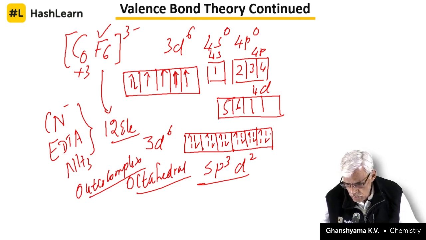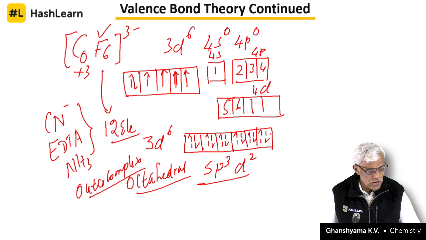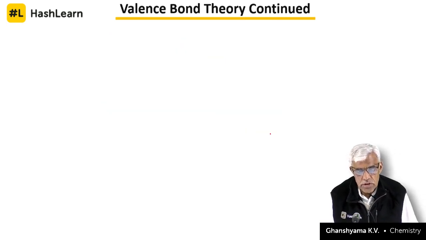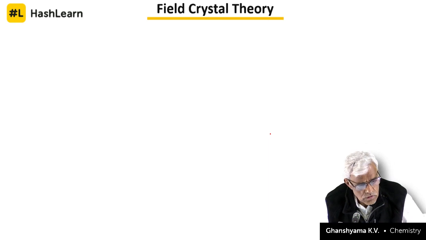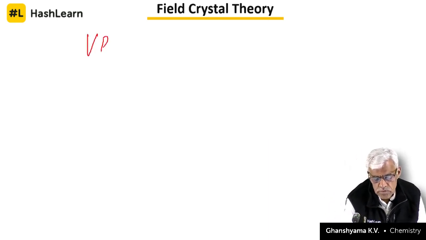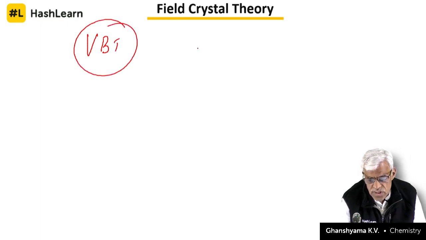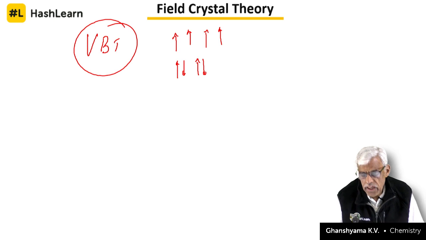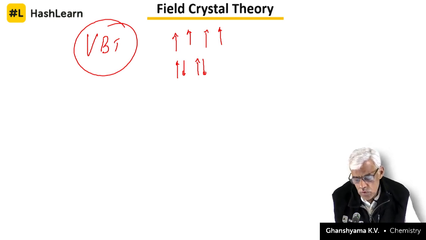Now we shall pass on to the next theory, that is crystal field theory. See, in the valence bond theory, sometimes the unpaired electrons get paired up against Hund's multiplicity rule.